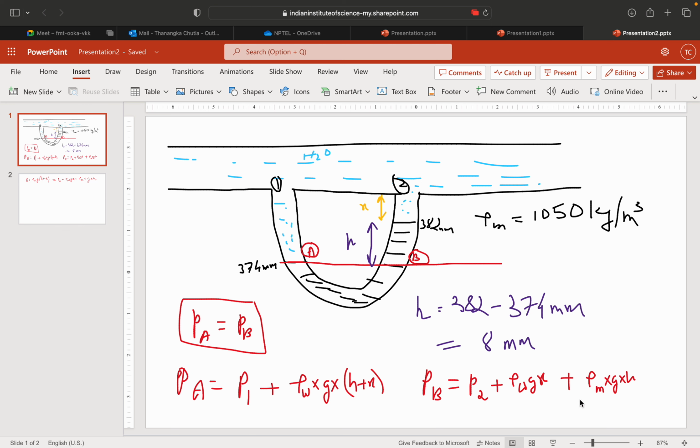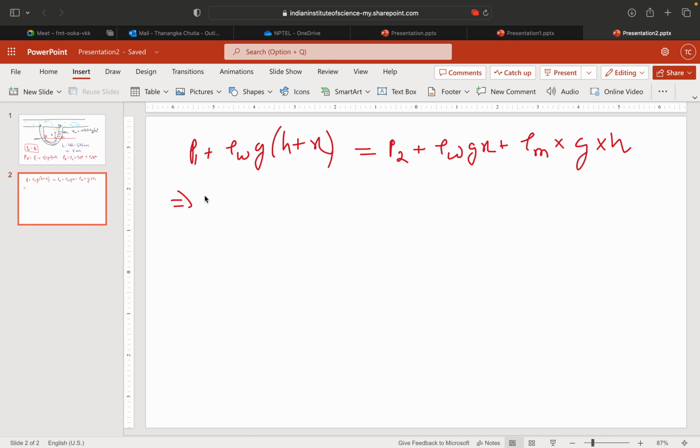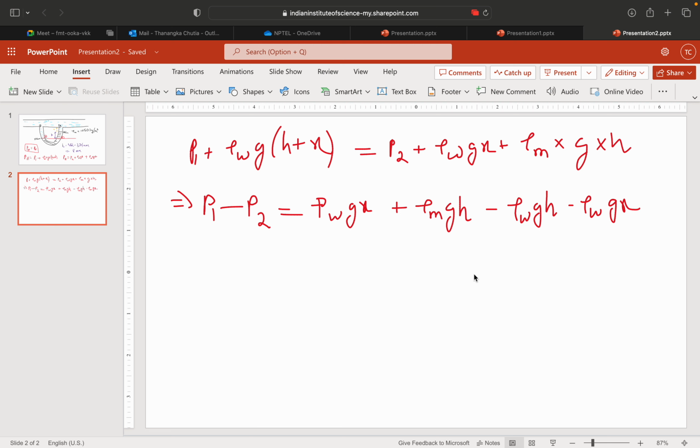This is what we got from the previous one. So P1 minus P2 will be equal to rho W g x plus rho M g h minus rho W g h minus rho W g x.